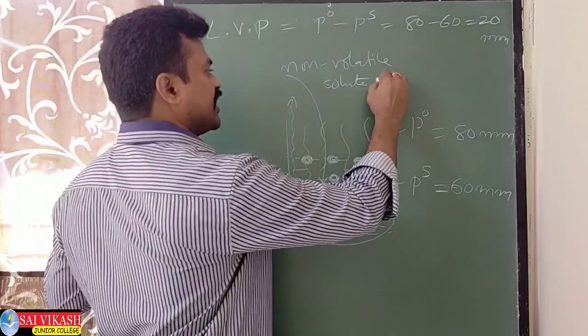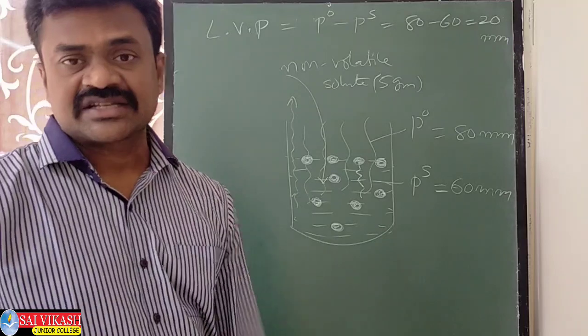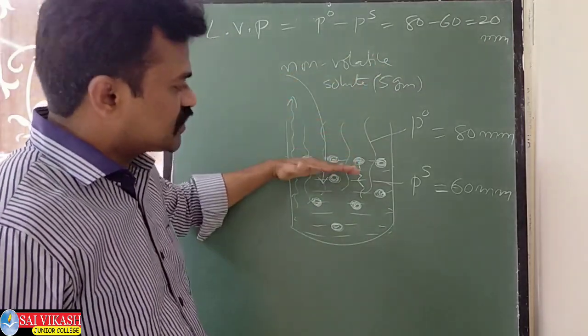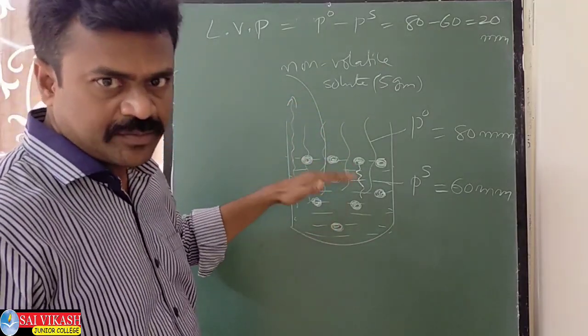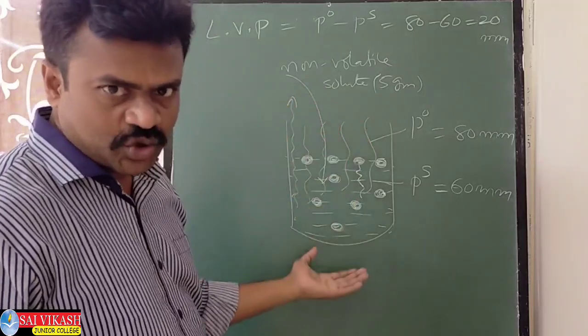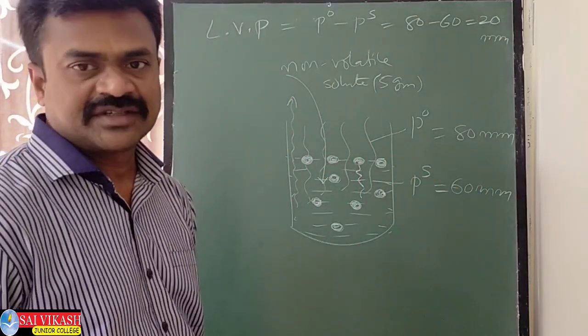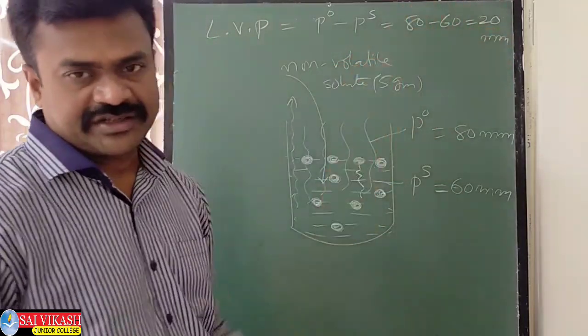Initially, I have added suppose 5 grams. All these values I have taken only to understand this concept. So suppose initially 5 grams of solute particles I have added. Because of these 5 grams of solute particles, vaporization is lowered. The final vapor pressure of solution I got is 60. Because of that, the lowering of vapor pressure we got is 20.